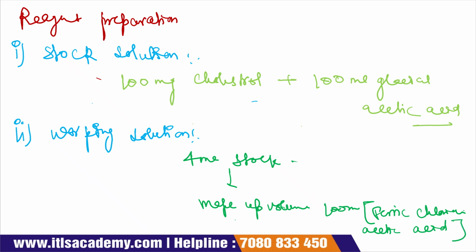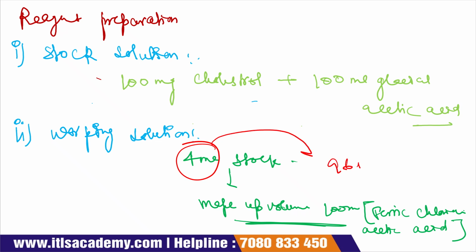Make up volume means that if we have 4 ml of the stock, then we have to add 96 ml of ferric chloride acetic acid. This is known as making up the volume to 100 ml.